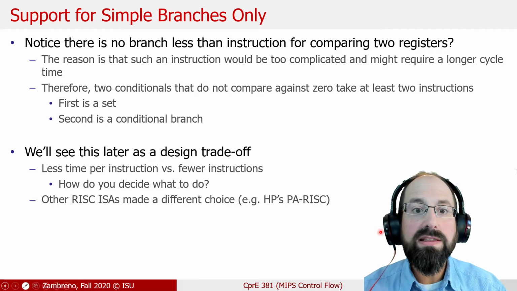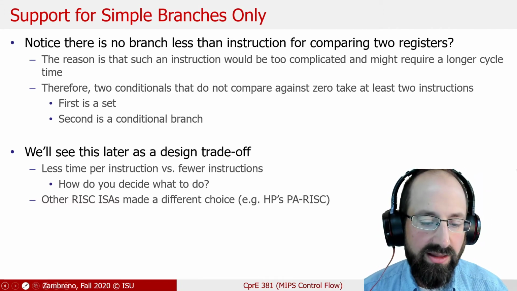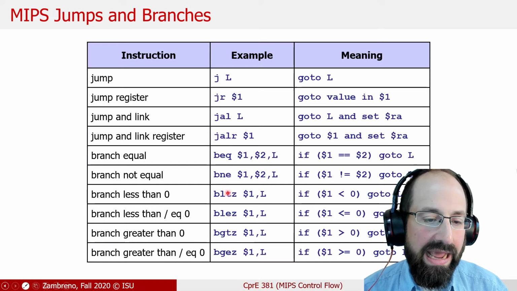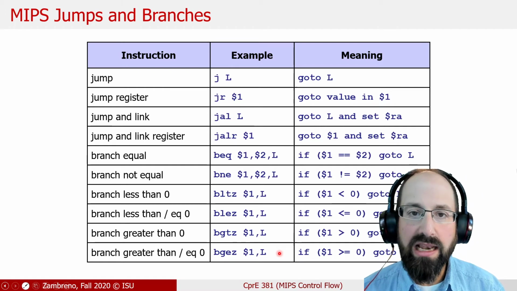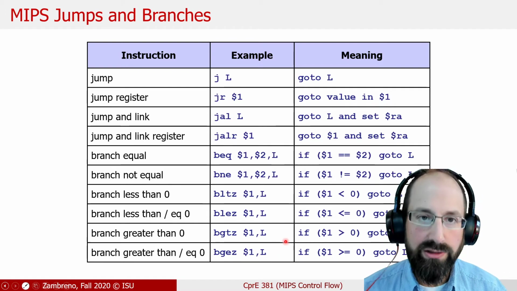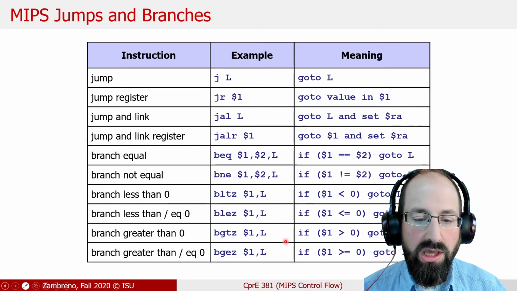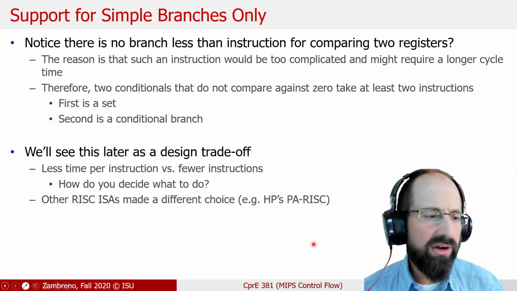But there are relatively very few branch instructions in MIPS. In fact, the table lists several more of these, and we don't actually implement any of these in the lab, so I don't get too excited about them, but there actually isn't a branch less than instruction. If you want the equivalent of a branch less than operation, which is a very common thing, right?